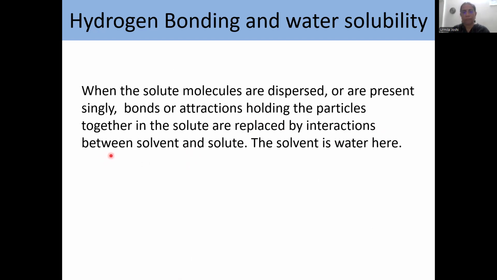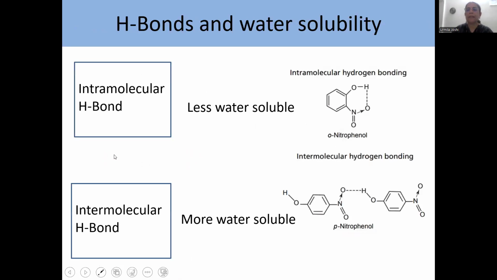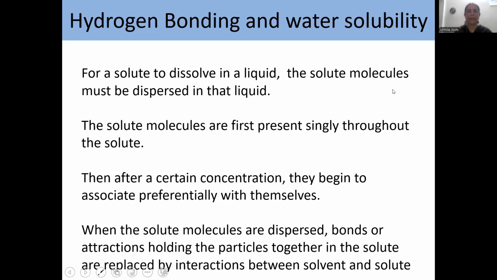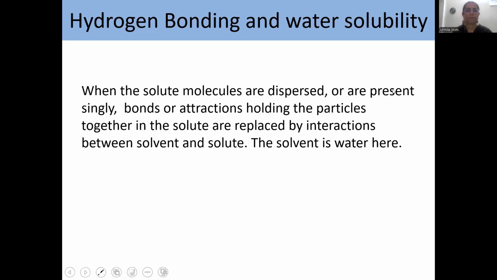And if the solute molecule is stable with itself, such as an intramolecularly hydrogen bonded molecule, it does not easily break this hydrogen bond to form different hydrogen bonds with water. And so this is less soluble in water.